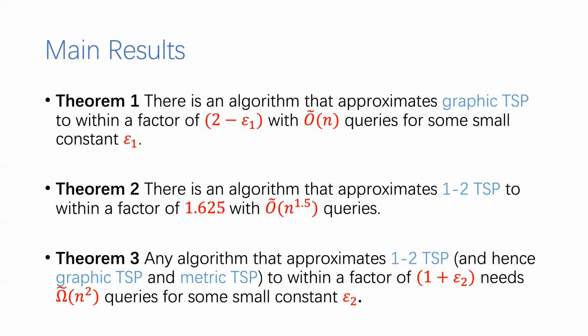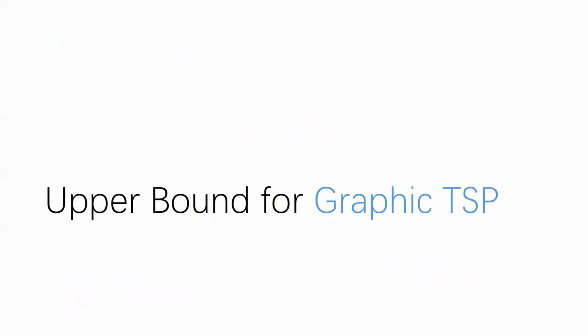On the negative side, we prove that any algorithm that approximates 1-2 TSP within a factor of 1 plus epsilon needs nearly n squared queries, which means we need to query almost the whole graph. And this lower bound naturally generalizes to Graphic TSP and metric TSP. In this talk, I will focus on the first result, which is an upper bound for Graphic TSP.